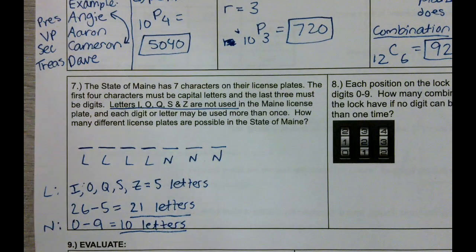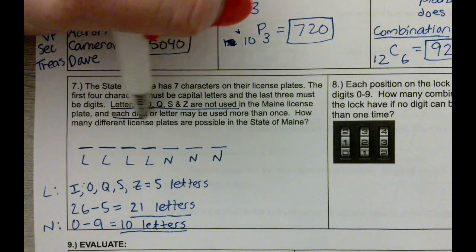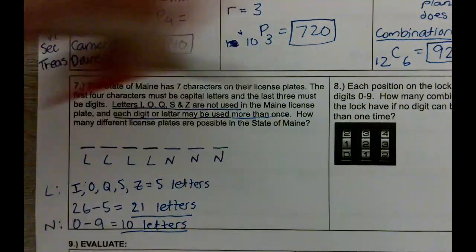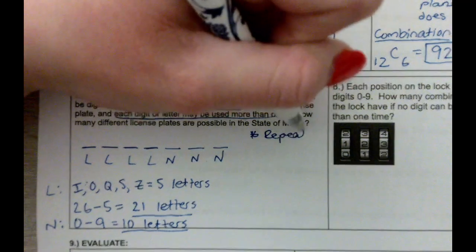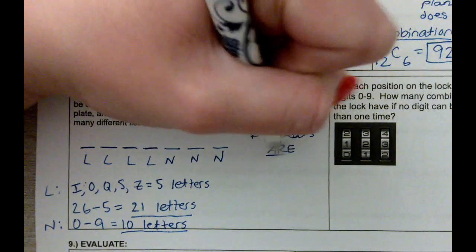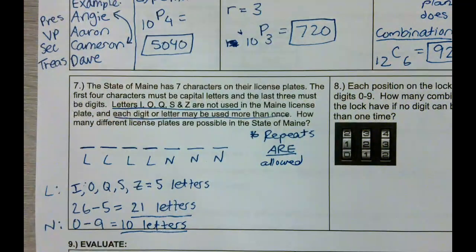Another key detail, you cannot forget it. Can't read over it. Each digit or letter may be used more than once, meaning repeats are allowed. That's going to change your numbers. That's going to change your whole problem.